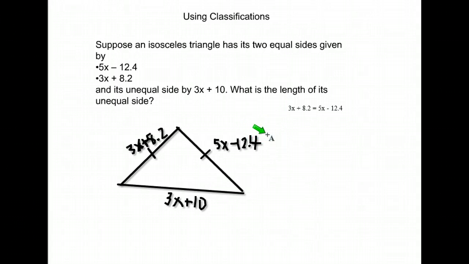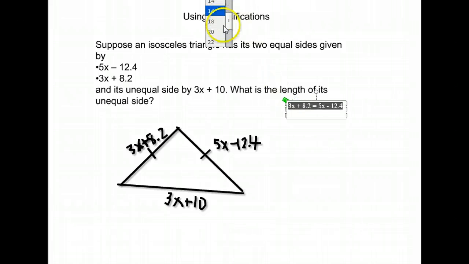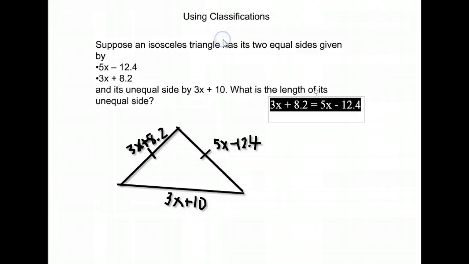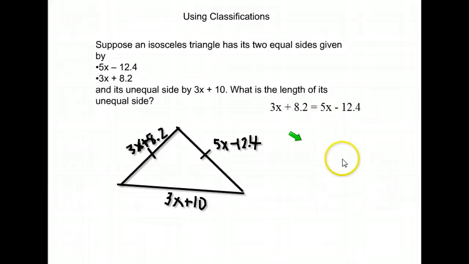So that's exactly the equation we're going to set up, is that they are equal to one another. Isosceles, it said they're equal sides, so that's what we set up. Make that a little bit bigger so we can see it a little better. So we know those two are equal, so we set up, well, 3x plus 8.2 has to equal 5x minus 12.4. And we solve from there.